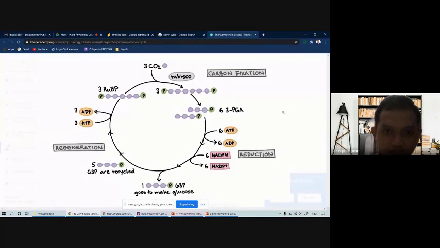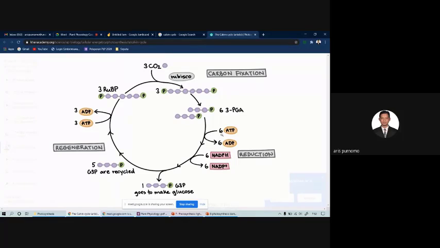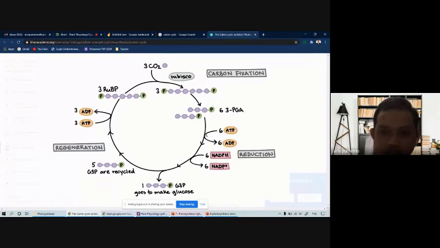You can see that Rubisco functions to help the carbon fixation as the first step, and afterwards there is the reduction, the second step, that needs ATP and also NADPH.